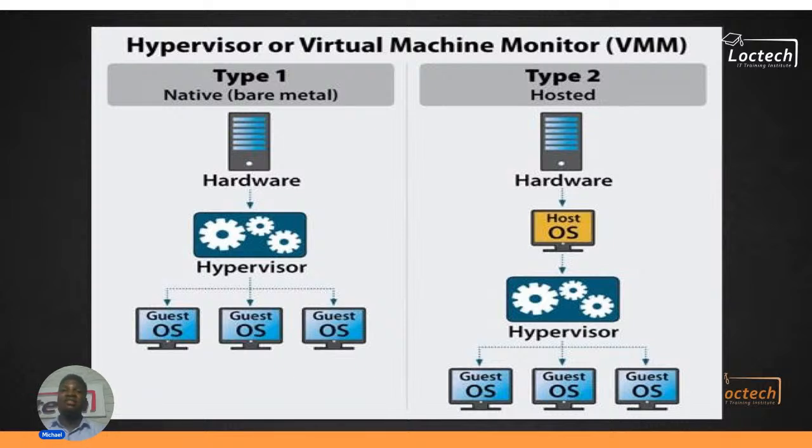But in this training, we'll be using type 2 because it's easier to use and very scalable. Type 2 is called the hosted hypervisor. Don't forget, type 1 is called native or bare metal hypervisor. Type 2 is called hosted hypervisor. Here we have a physical machine. Secondly, we install an operating system on that physical machine, like your Windows or your Linux, as the case may be.